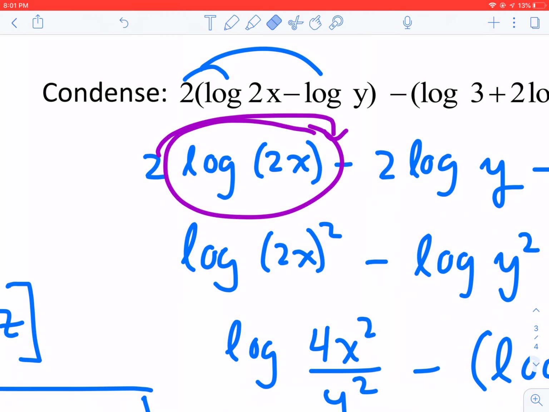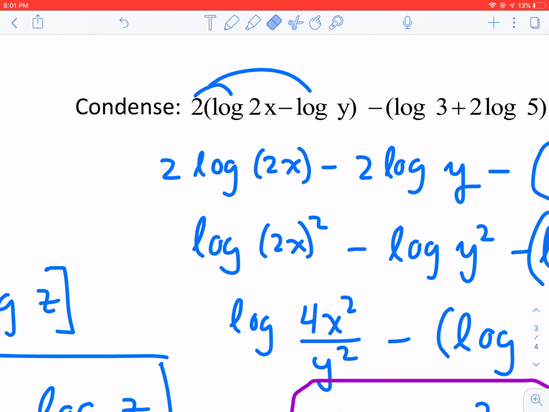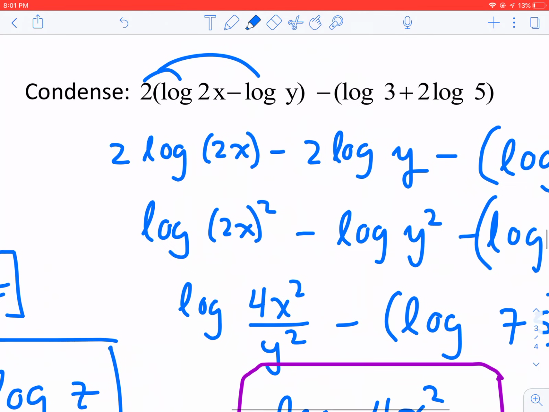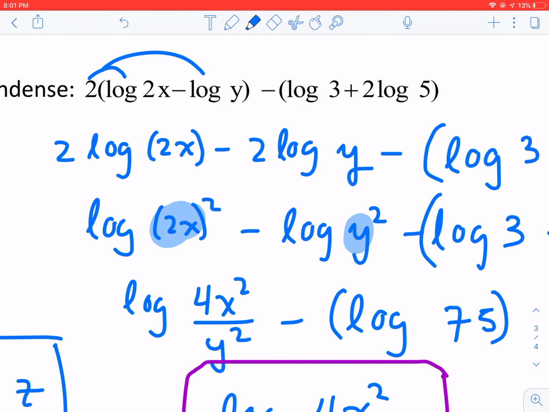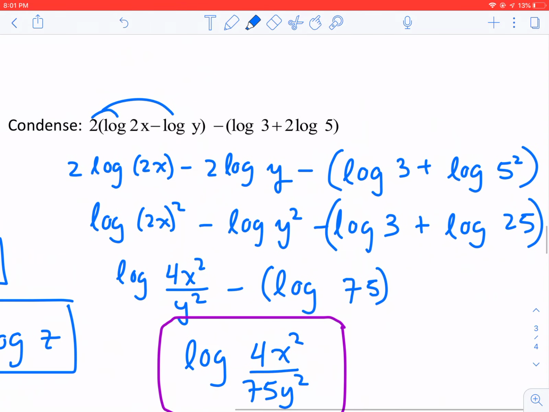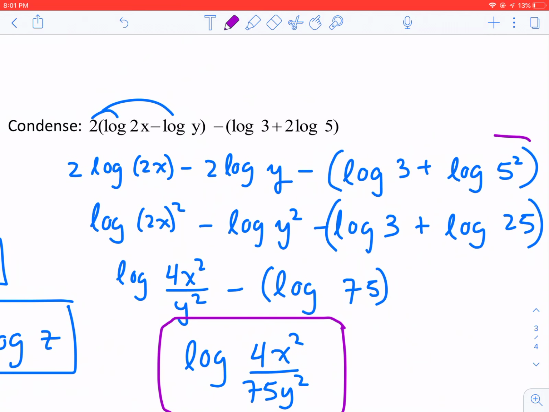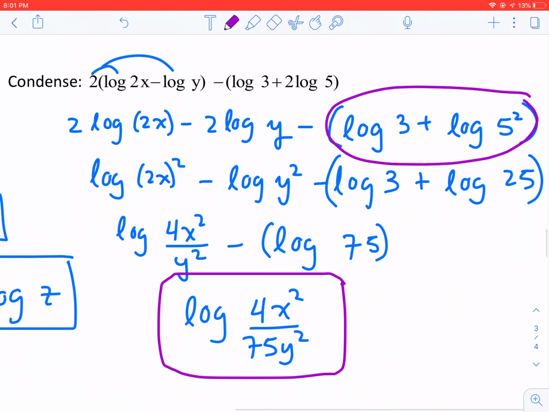So if you distribute that 2 first, then you can make it 2x squared, and then y squared. And then it's minus all of this. If you want, you can distribute the negative and just work left to right. I chose to keep these 2 in a parentheses and combine them using multiplication.